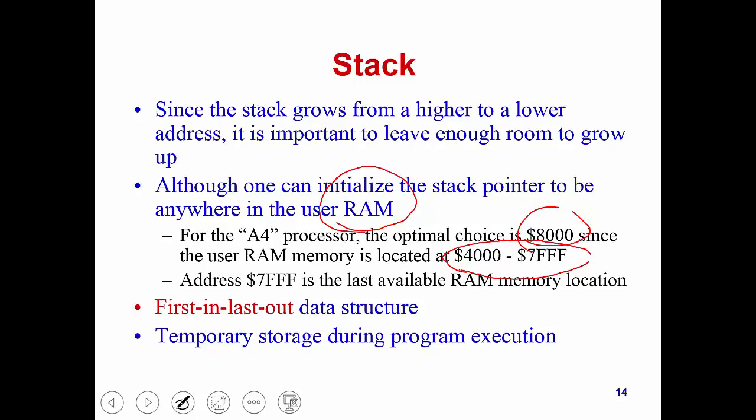So if you initialize your stack pointer at 800, then the first address where you can store data is 7FFF, not 800. After a while, I will talk a little more. The first address that is only initialized there cannot be used.